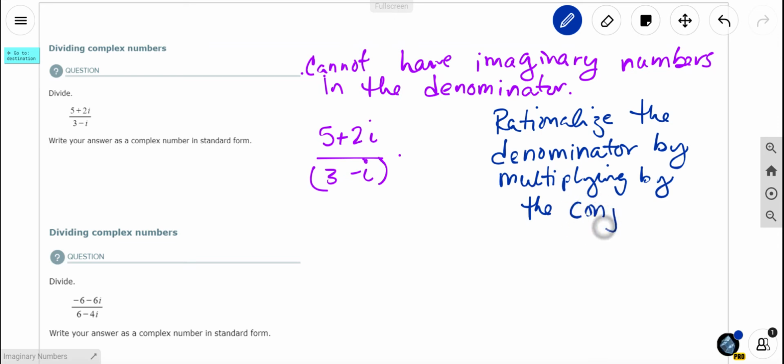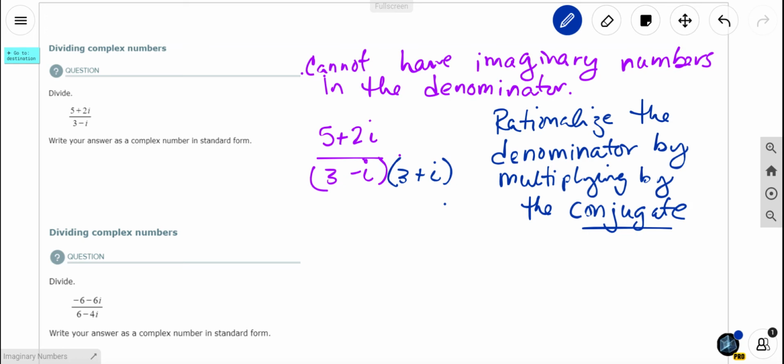Now, lovely word, conjugate, okay? What that is, it's going to be the binomial that multiplies so that it will get rid of the imaginary number, and here it is, 3 plus i. That's what we're going to multiply this by.